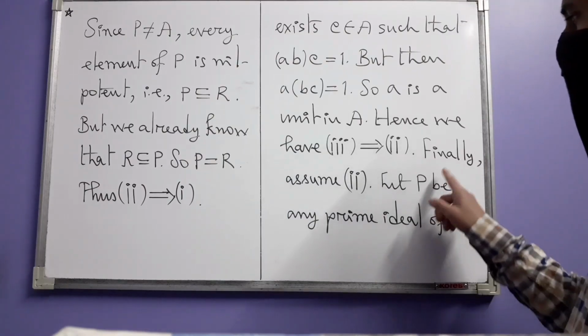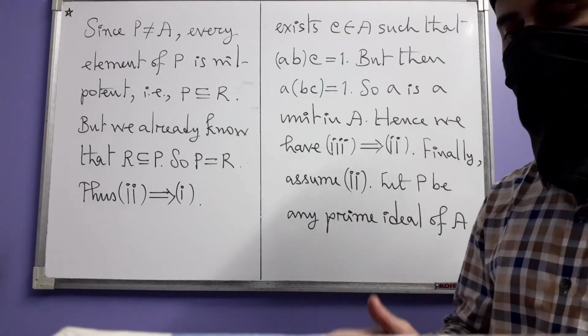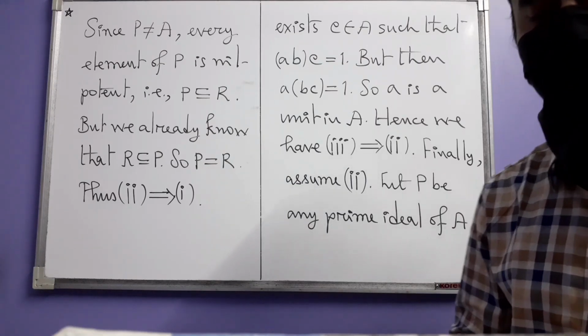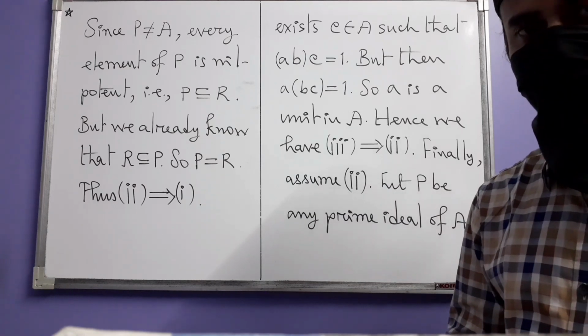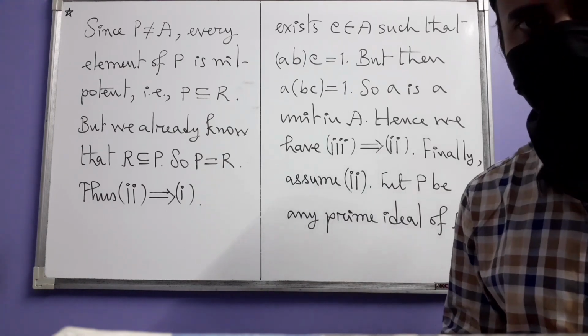Finally, let's assume 2. That means now we are assuming that in our ring, every element is either a unit or nilpotent. And we want to prove that 1 is a consequence. That means we now want to prove that there is exactly one prime ideal.